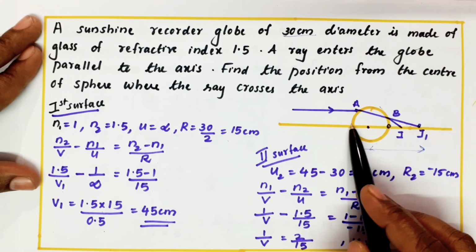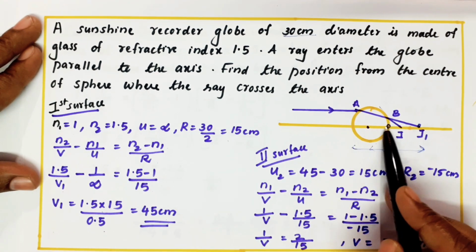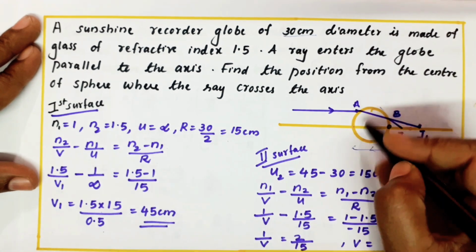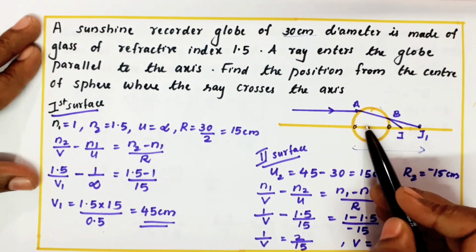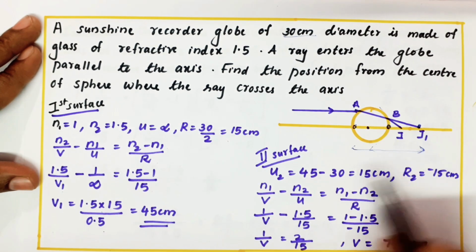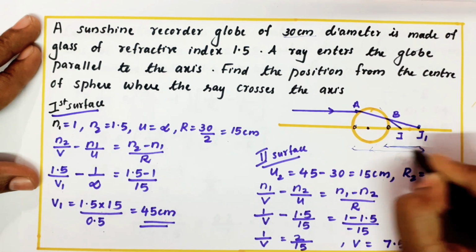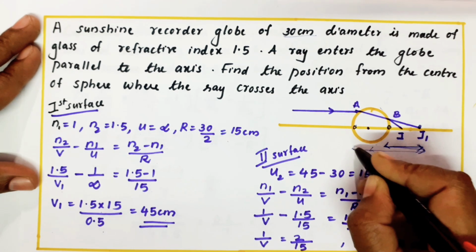So we know that the diameter is 30, this is 15, right? So I have taken the distance from here, so I should subtract this diameter. 45 minus 30 equals 15. That is the distance from this point to this point, because this acts as an object for the second refracting surface.